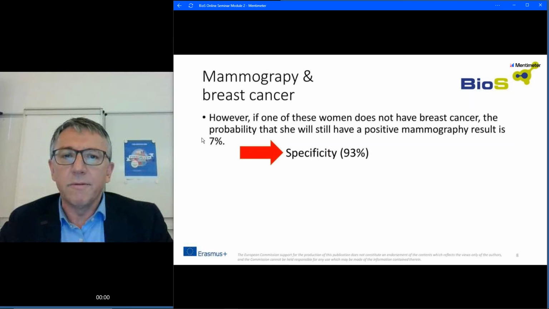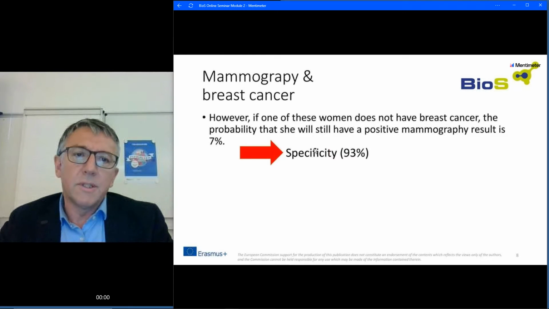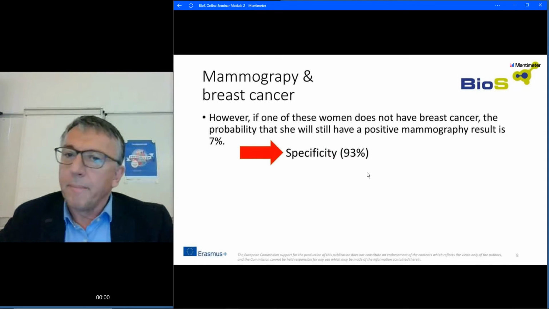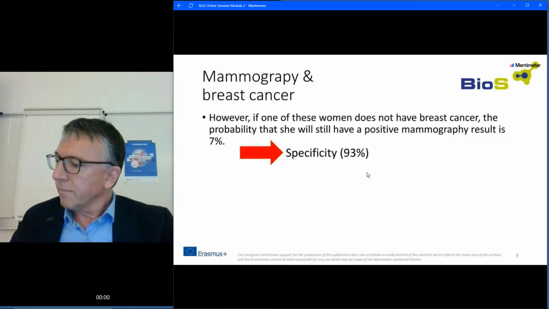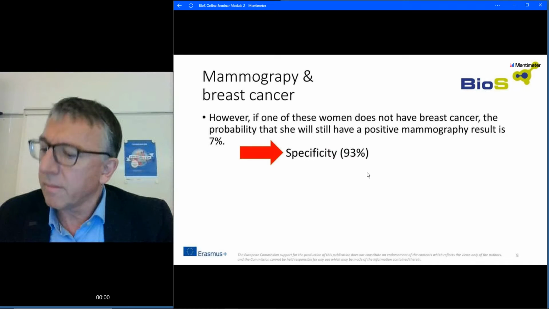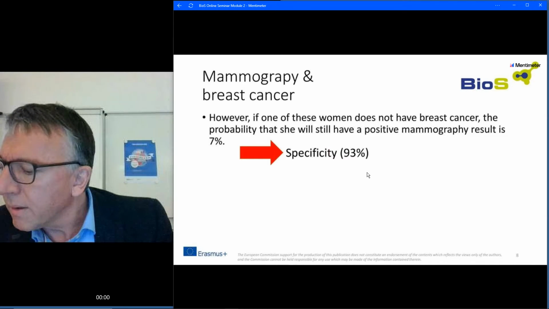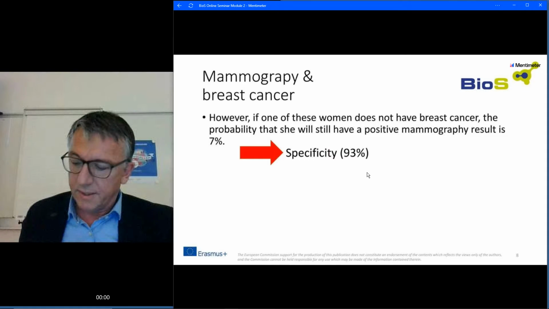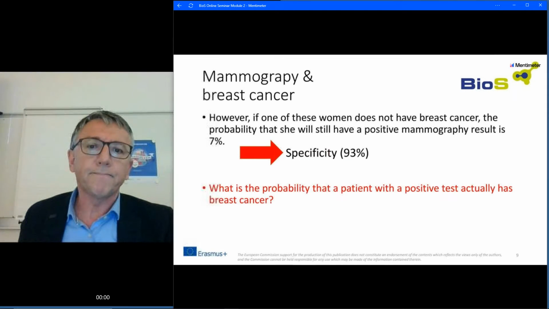This is 1 minus specificity. So the specificity is 93%. So we have a test with a sensitivity and a specificity that are provided for this test.